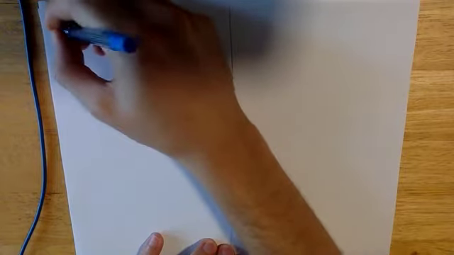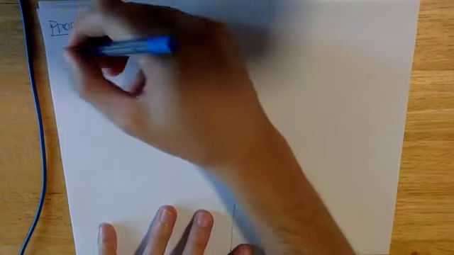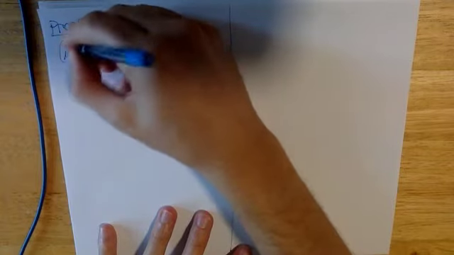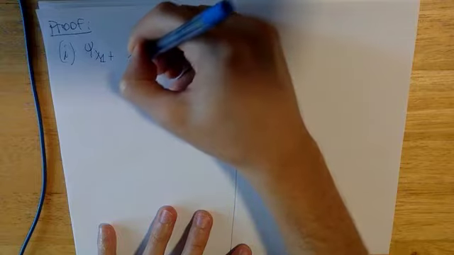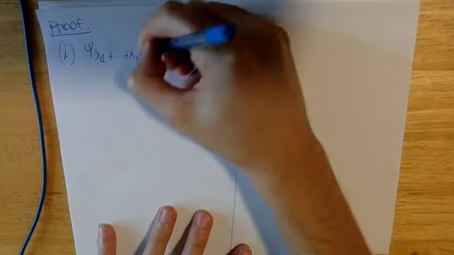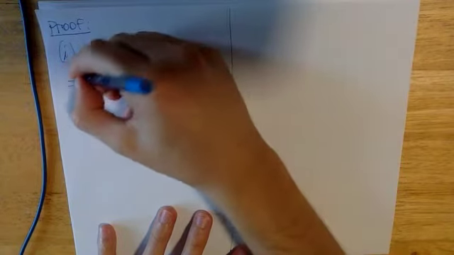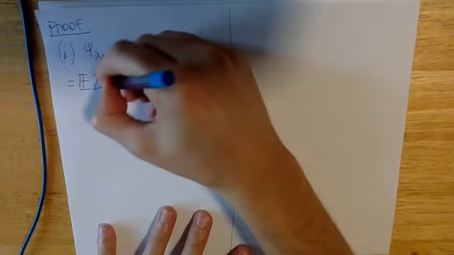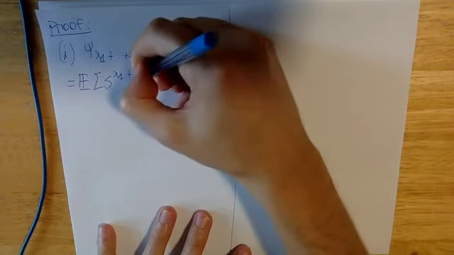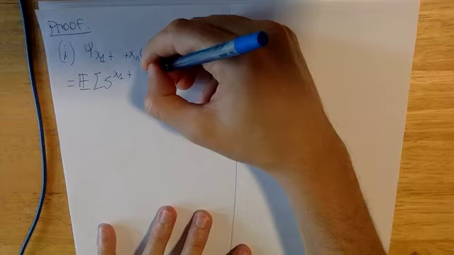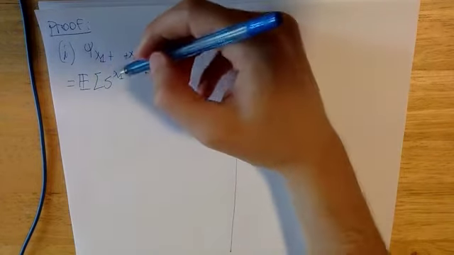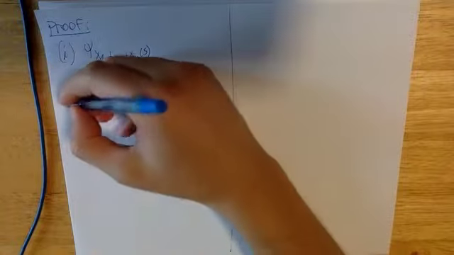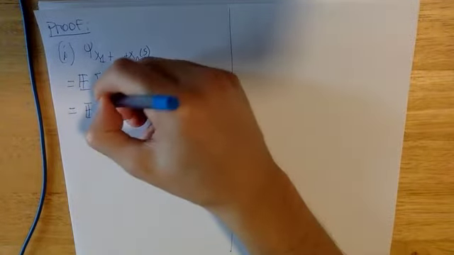So the proof is just if we take the phi of the sum at s, this is just going to be the expectation of s of x1 plus xn. But what I was saying earlier is that the exponential of the sum is equal to the product of the exponentials.